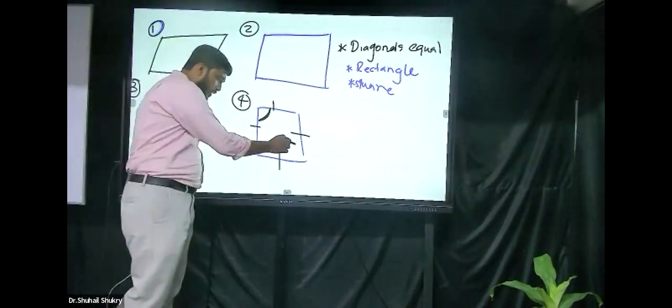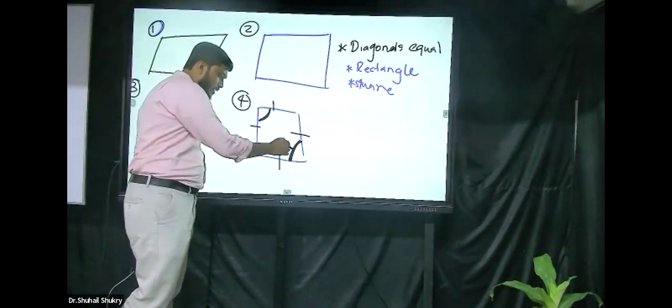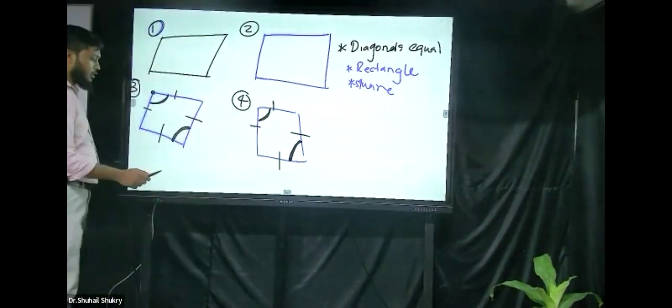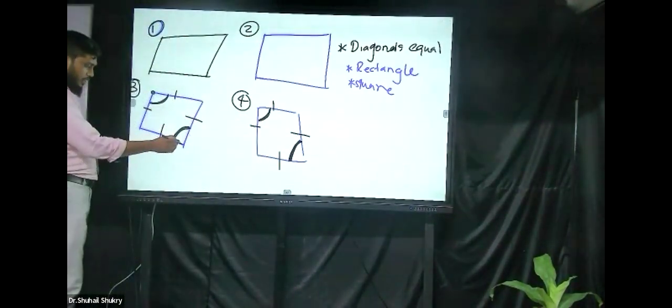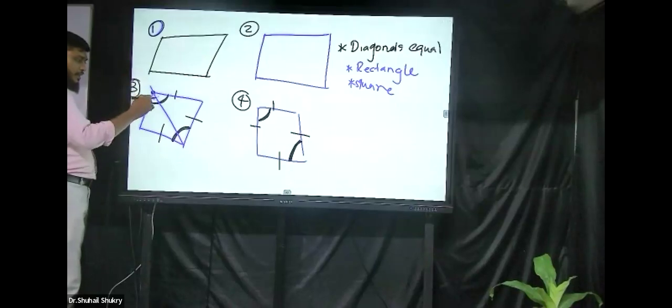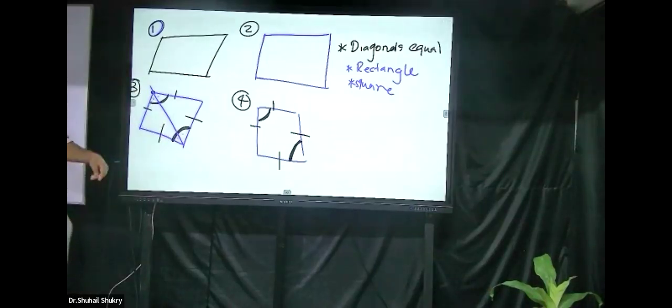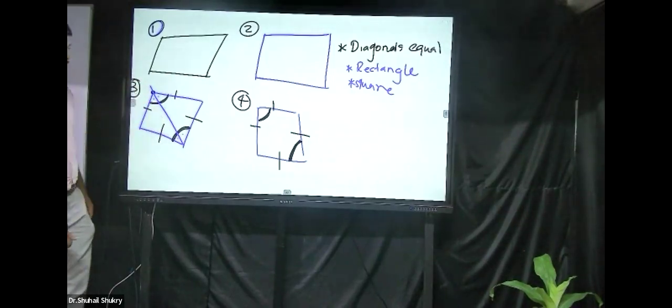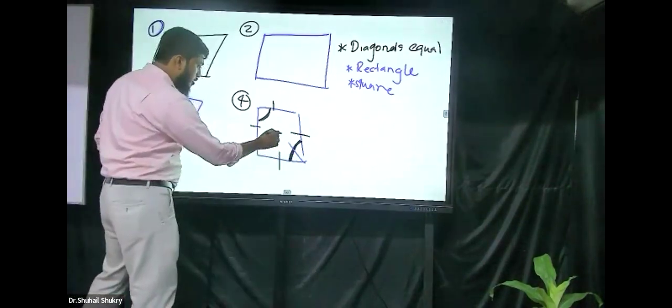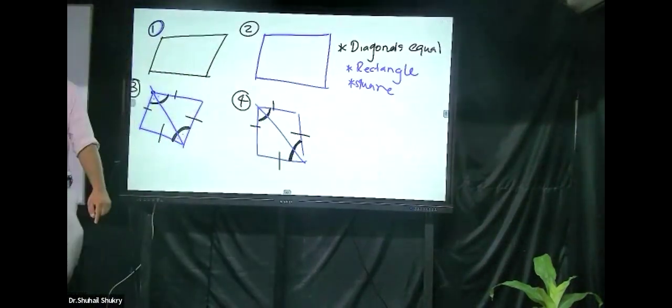If you draw a diagonal like this, these angles get divided equally. Opposite angles are equal in all parallelograms, but these two are divided equally. Even in a square, the angles are divided equally.